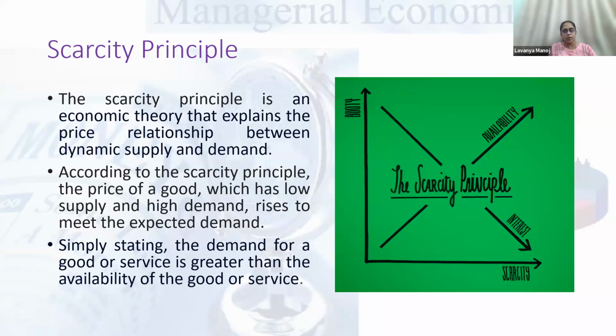Only a few customers who are not very urgent, or who are very loyal to that particular brand or product, will buy the product even though the price increases. Other customers will go for some other option.